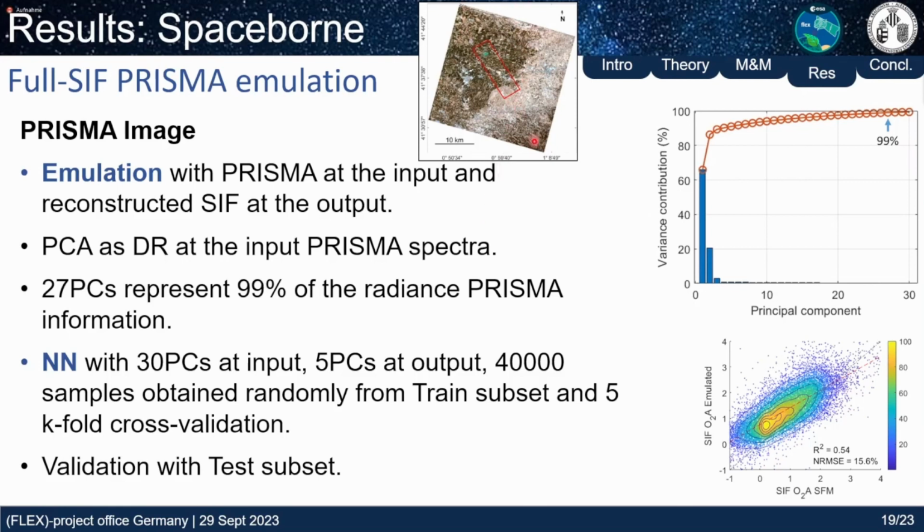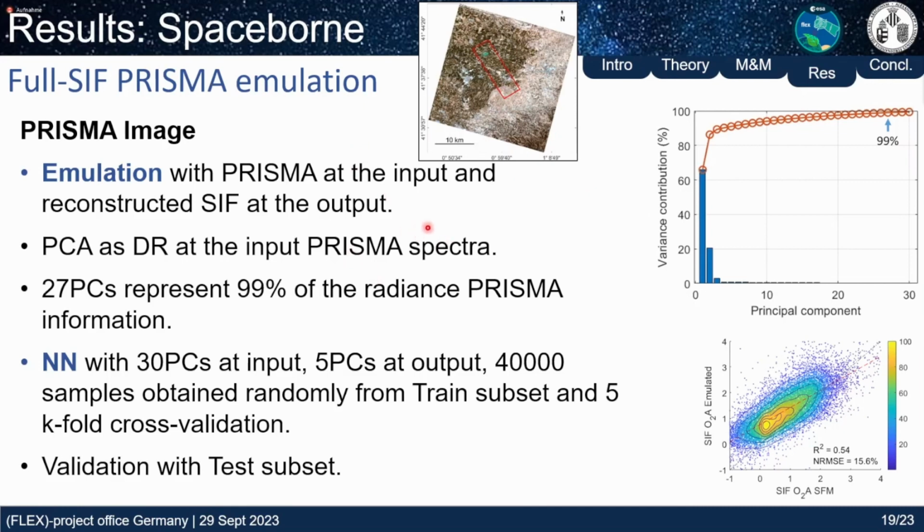So from the two images, we took a subset of 40,000 points from both images, and we trained it with the spectra from PRISMA as input and the full SIF obtained as output.